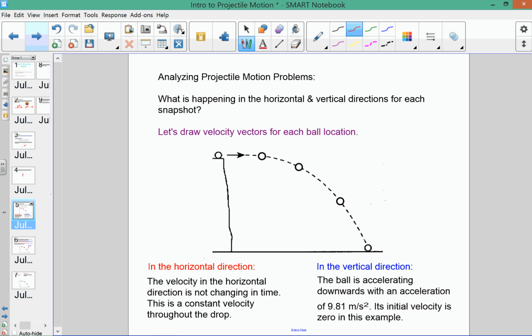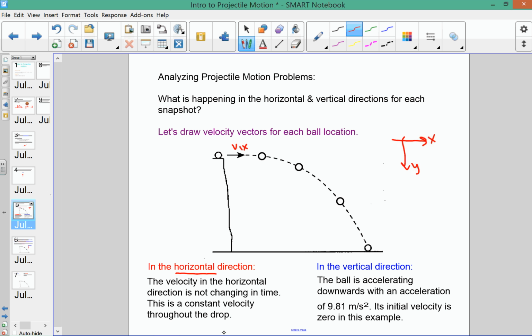Now, if we were to draw some velocity vectors, and each vector represents the velocity of the ball in the x direction separately from the y direction, this is what it would look like. So first of all, in the horizontal, or x direction in our case, we'll call this y and we'll call this x. So in the x direction, it's initially only given an initial velocity in the x direction.